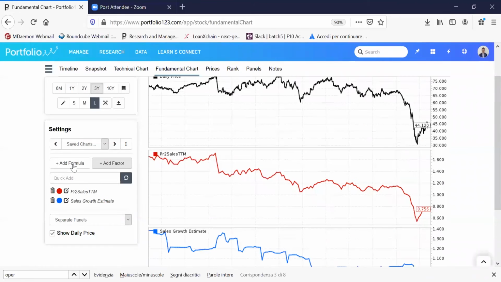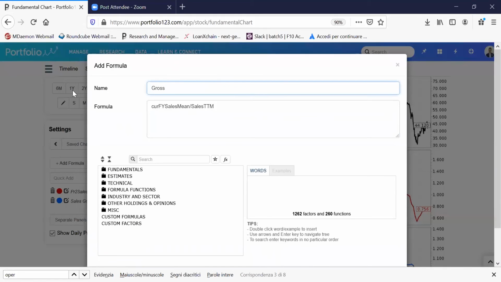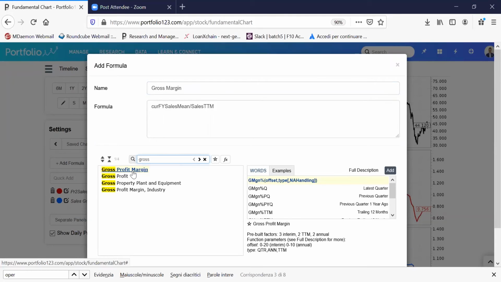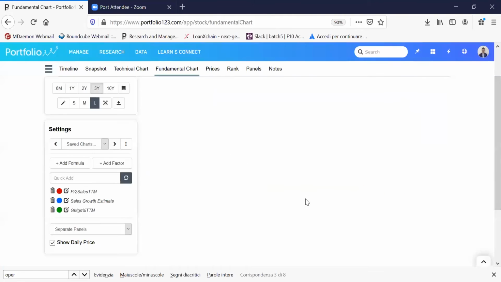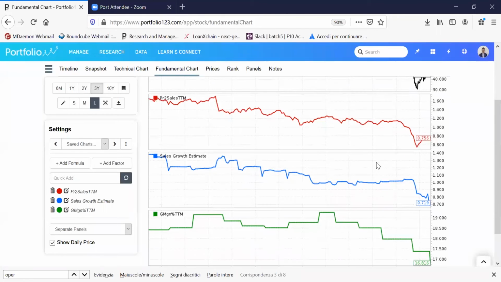And here I would add also another factor. So here we can see that also a profitability factor is going down.